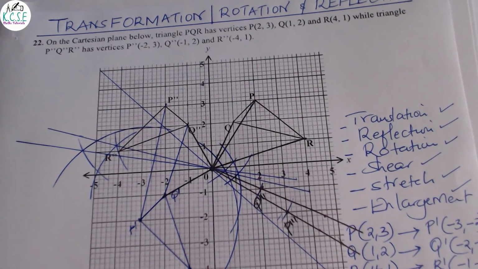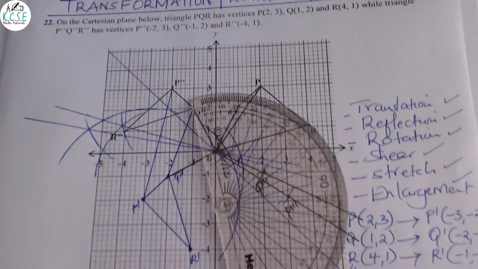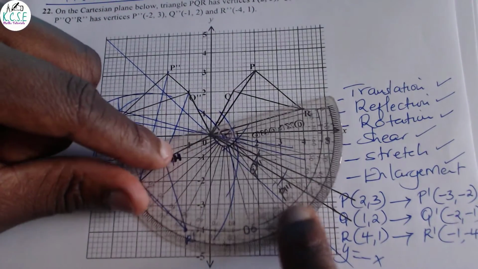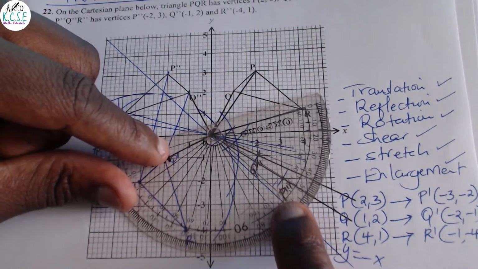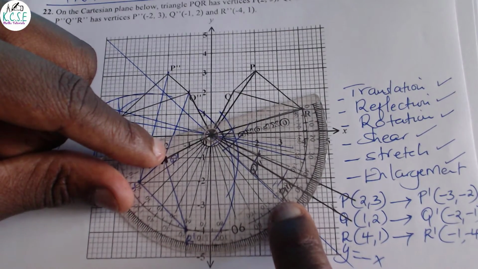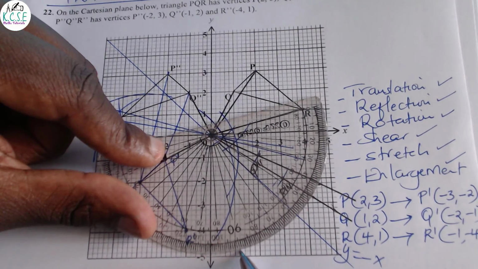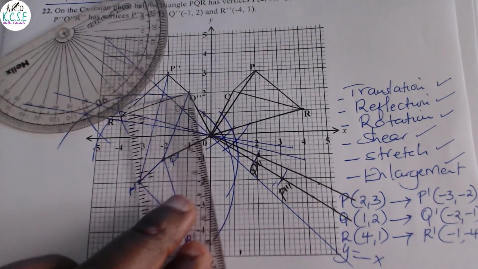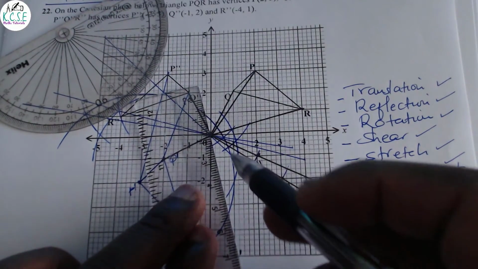Then measure 90 degrees. This is how you measure 90 degrees. So you draw a line.